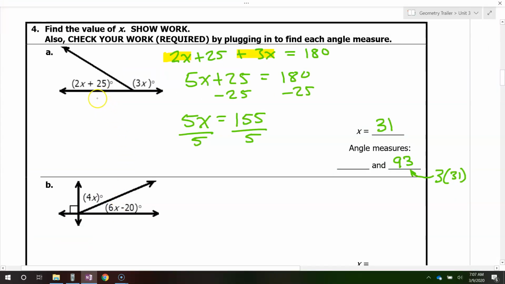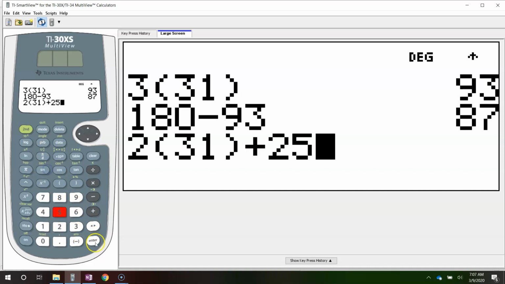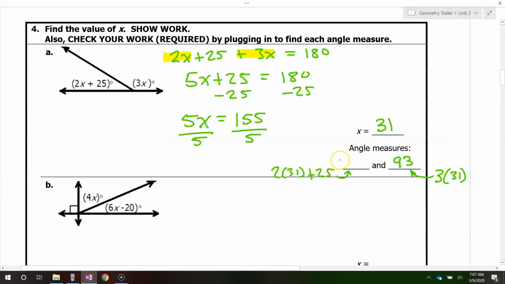Or I could plug in 31 and do 2 times 31 plus 25, and that should also give me 87. So it's a way of checking your answer, because you should get the same thing twice.